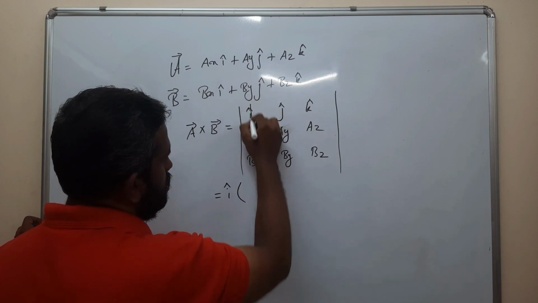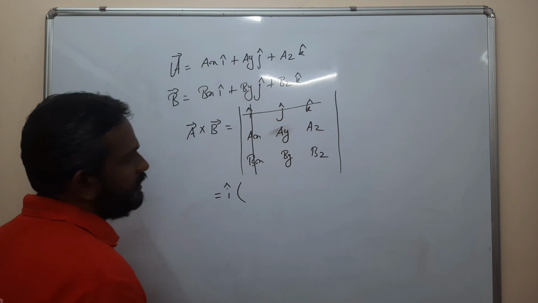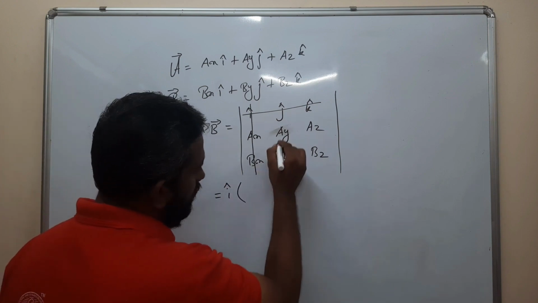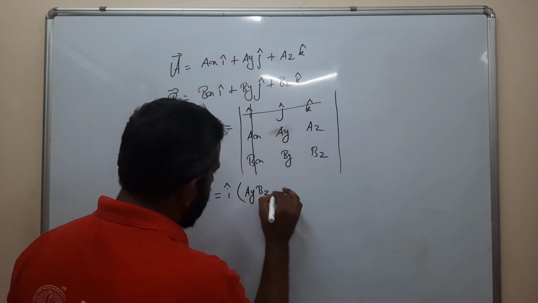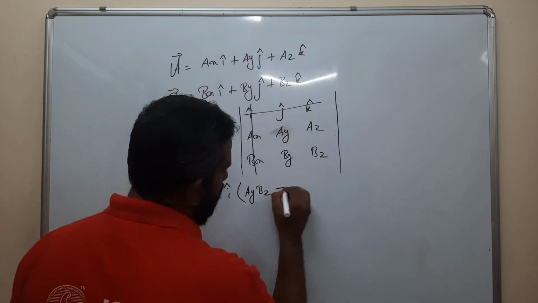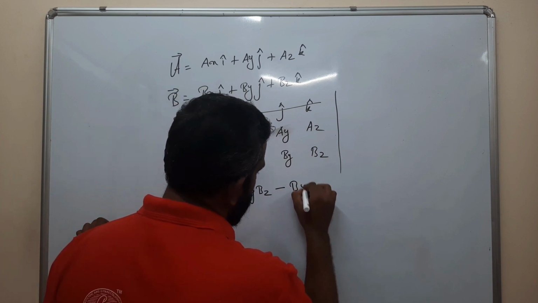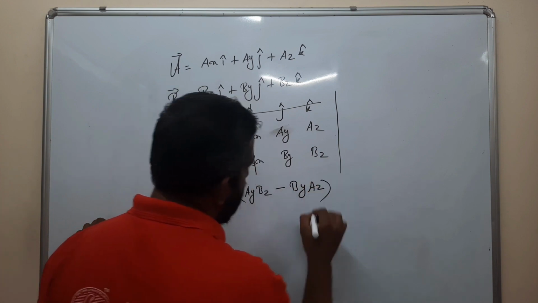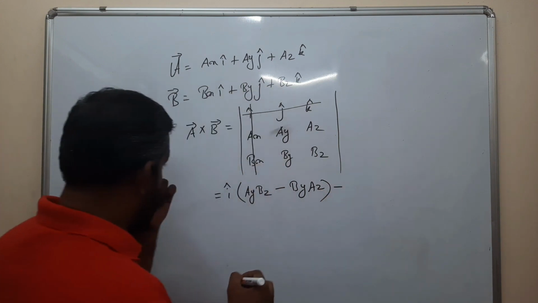the next is ay bz minus by az. Then the next is minus j cap.